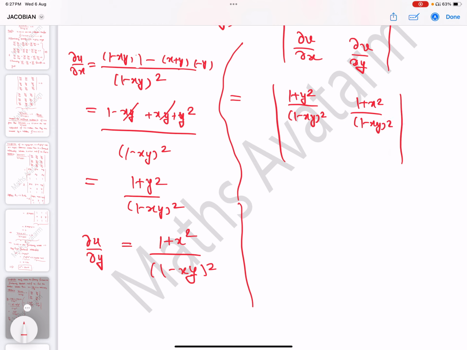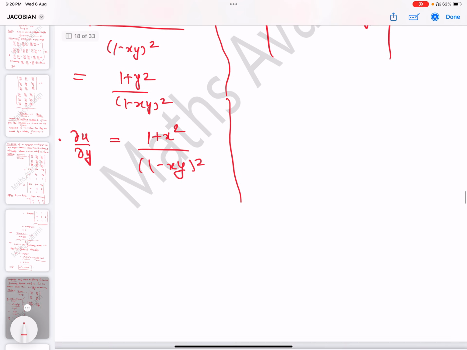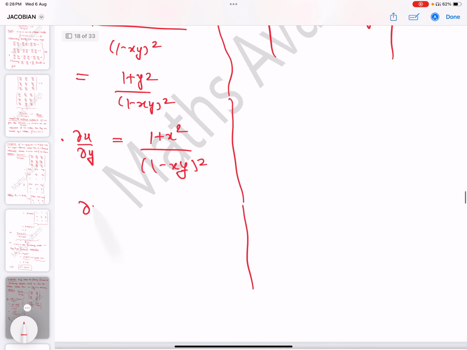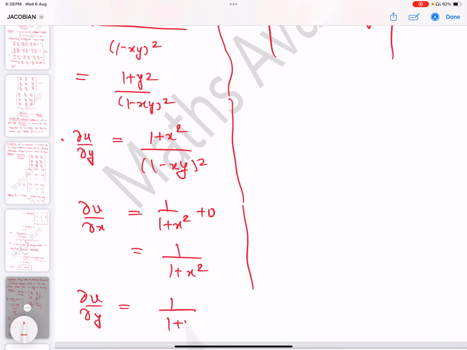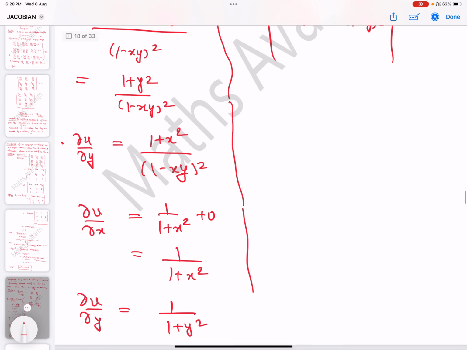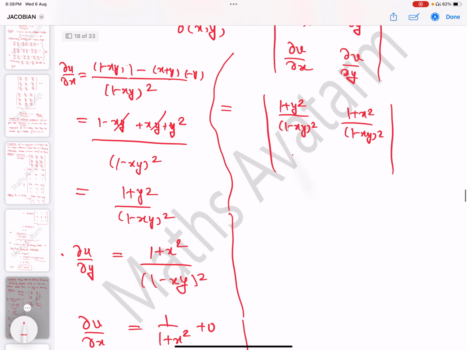And what will be del v upon del x? Del v upon del x will be 1 upon 1 plus x square. Del v upon del y, what will be this? 1 upon 1 plus y square. Put these values here.